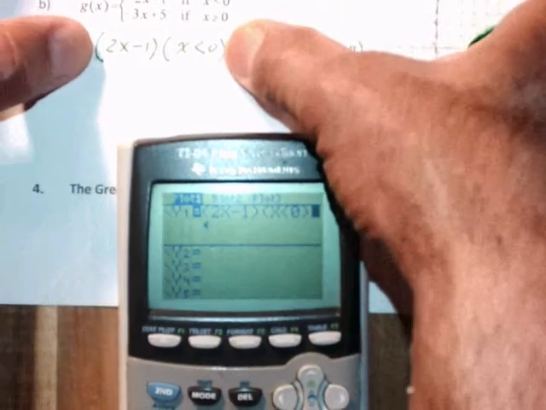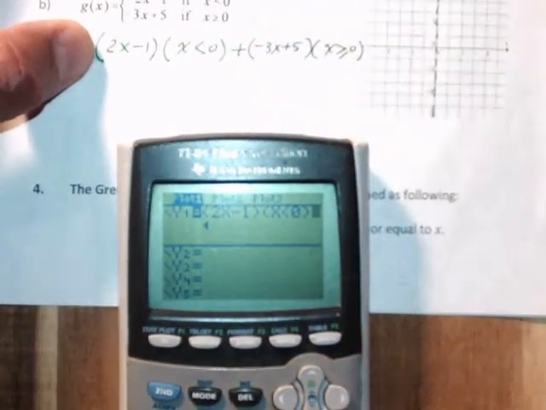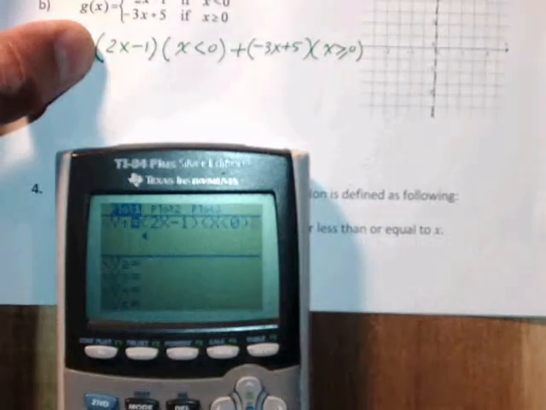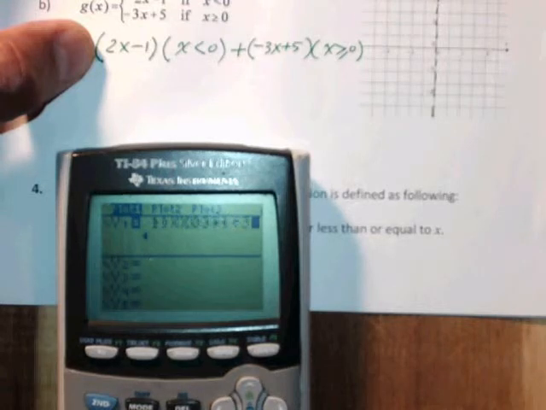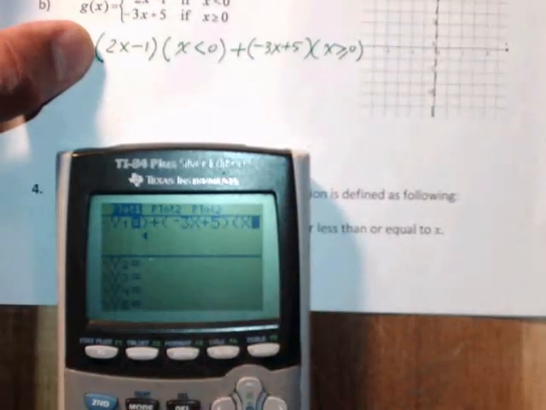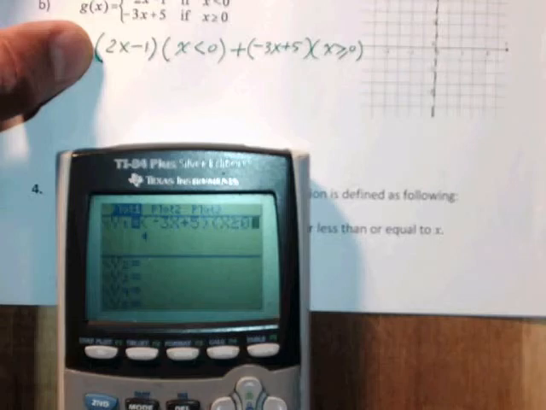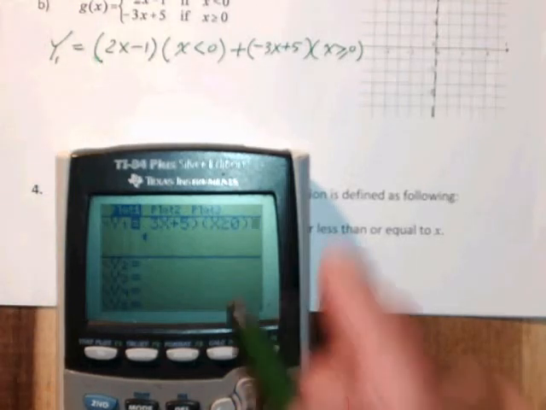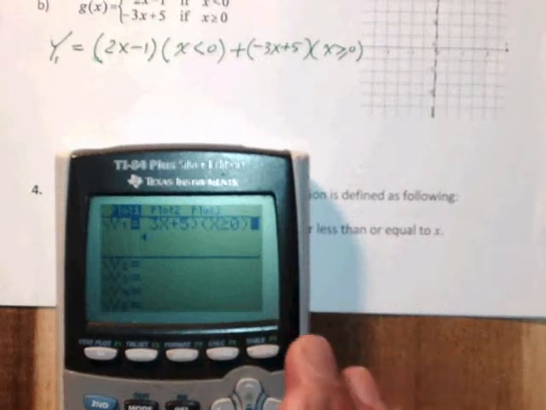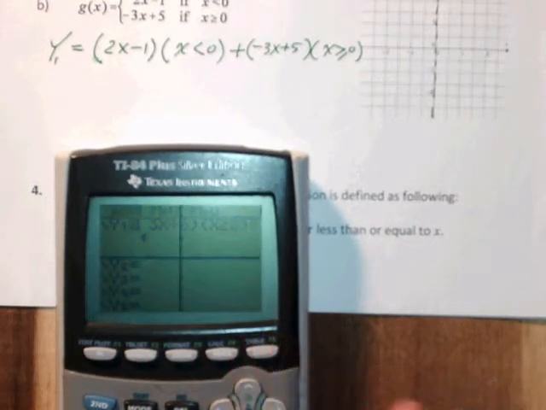So I did this part, and then I say plus parentheses again negative 3x plus 5, close parentheses, open parentheses x bigger than or equal to 0. Bigger than or equal to 0, go to second math. Bigger than or equal to is number 4. There we go. So I'm done with this one too. I typed the whole thing. Then if you like your window, just go ahead and say graph.